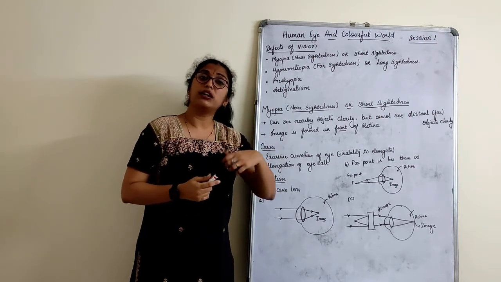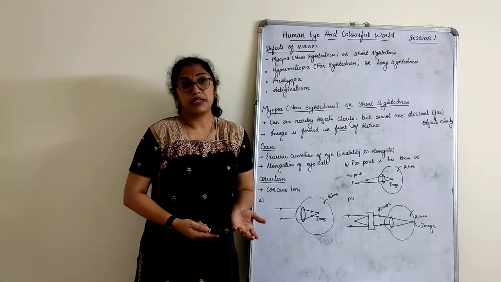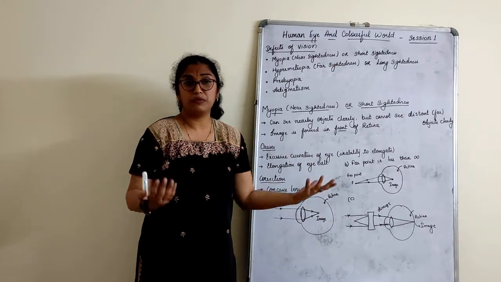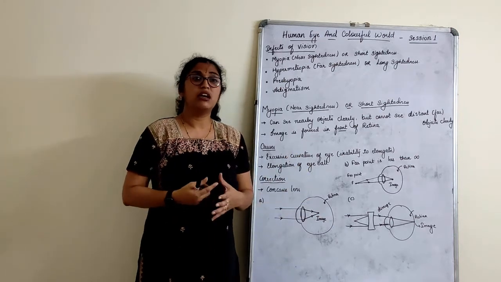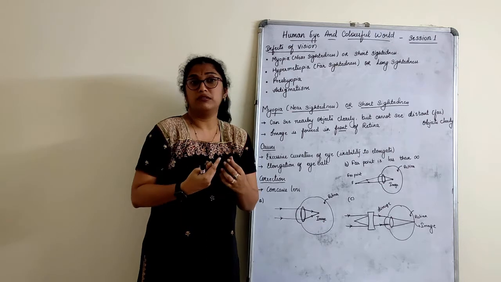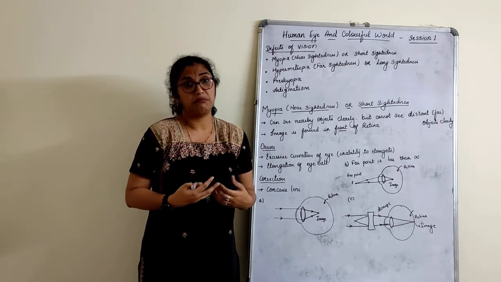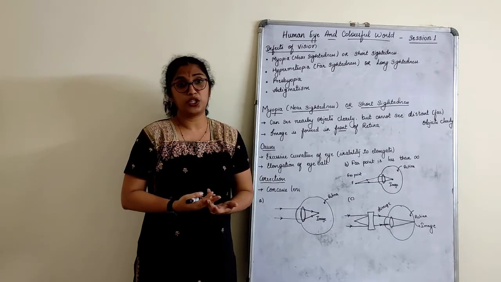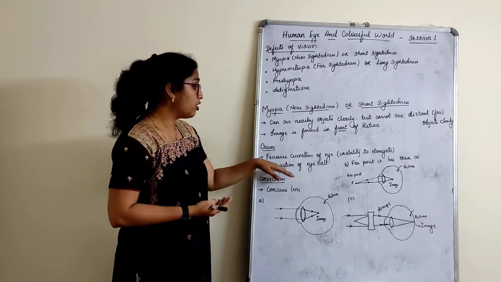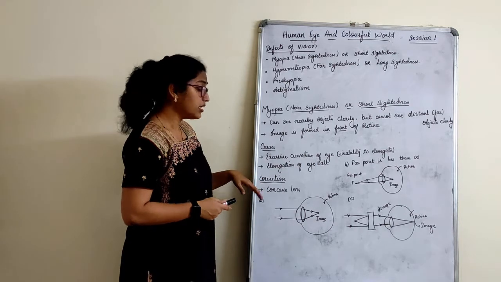Now what made your eyeball become big? Sometimes it happens due to the present situation, your day-to-day habits, or sometimes it is by birth, by heredity, a birth defect.